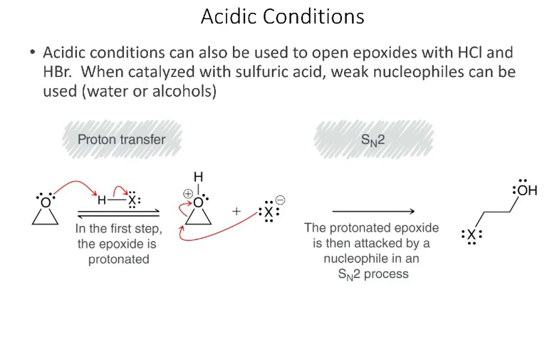With the strong nucleophiles, not in acidic conditions, first we saw the SN2, then the proton transfer. Under acidic conditions, these happen backwards, right? So first we get the proton transfer, where we now have the positive oxygen, then either the Cl- or the Br- attack with an SN2 mechanism.